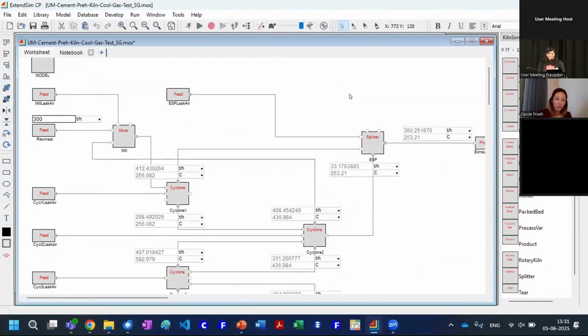So over on the left-hand side, you have your feed box, which is your feed coming in. On the right-hand side where Shivani's mouse is, all of the current process model units. All you have to do is click and drag one in.